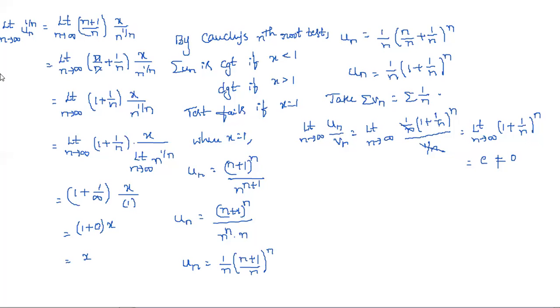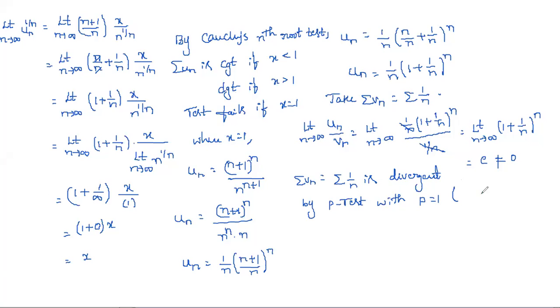Now we need to say the nature of the Vn. So summation Vn is equal to summation 1 by n, is divergent by p test or auxiliary series with p equal to 1.